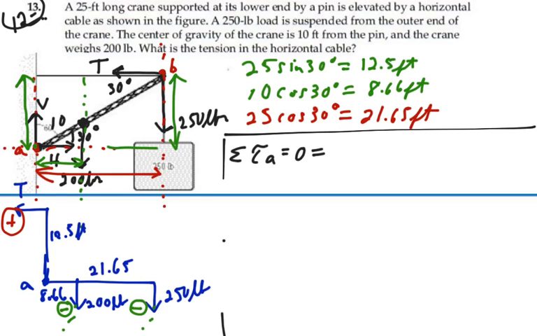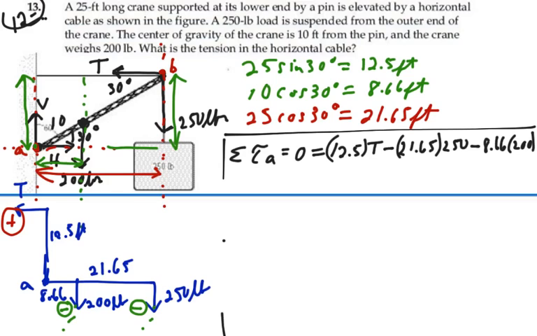My positive torque is moment arm times force, so we got 12.5 times T. And then I have my two negative torques. I got a 21.65 moment arm for the 250 pounds, and then I have an 8.66 moment arm for the 200 pounds.